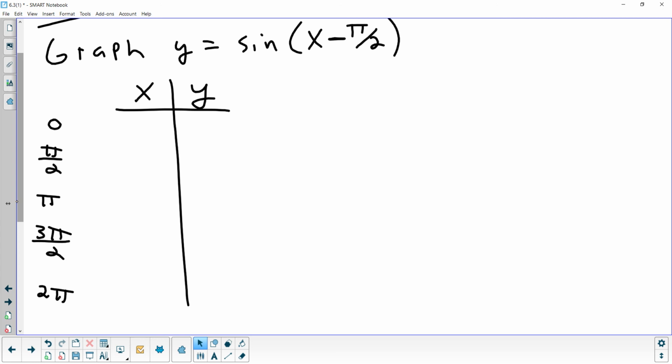First of all, am I going to add or am I going to subtract? Yep, we're going to add. Adding will move things to the right, and that's exactly what you want to happen. How much do I add to all of those? How much am I going to move them? Yep, pi over 2.